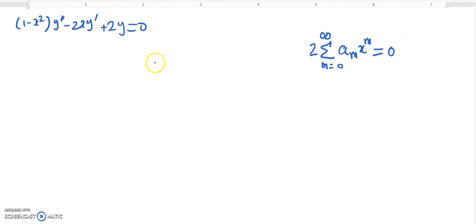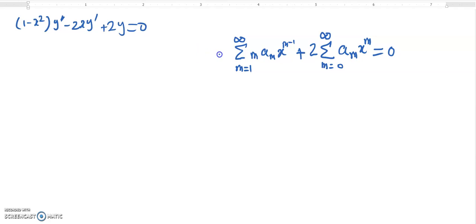That was equal to 0. Now I go backward, so plus 2y, and then for y prime it will be m a_m x to the power m minus 1, in sigma notation, but in this case I will lose one term, so m will start from 1 to infinity.